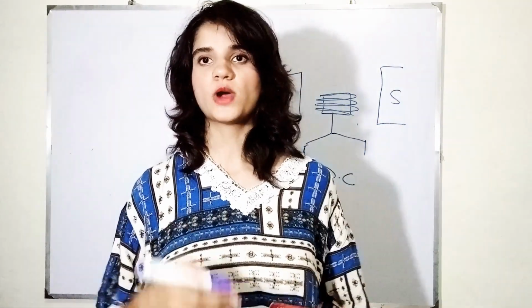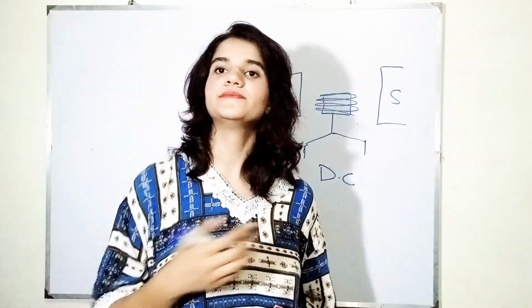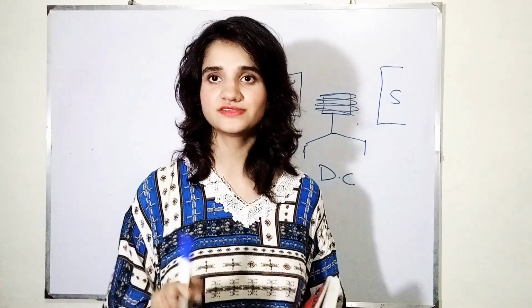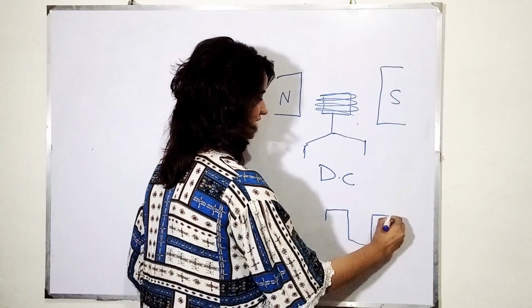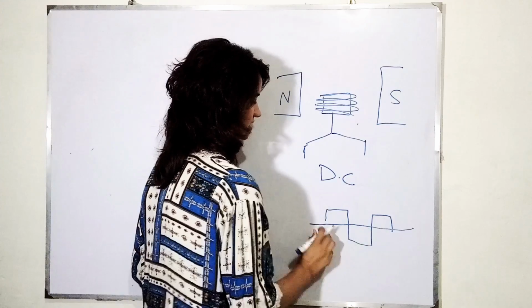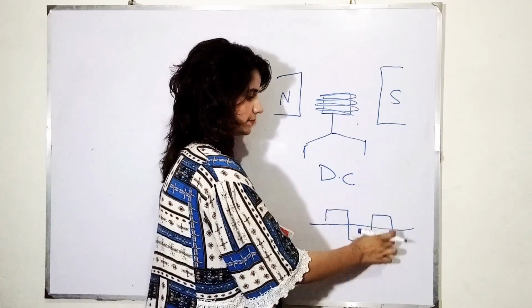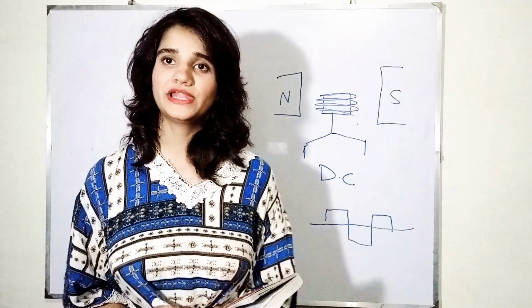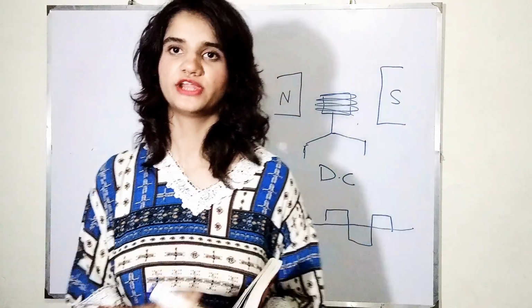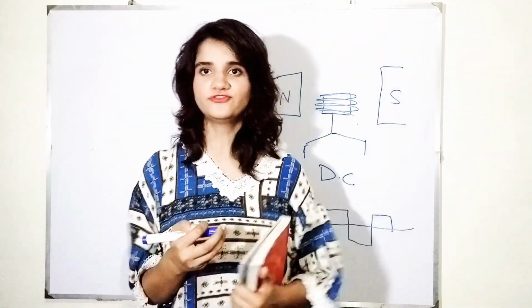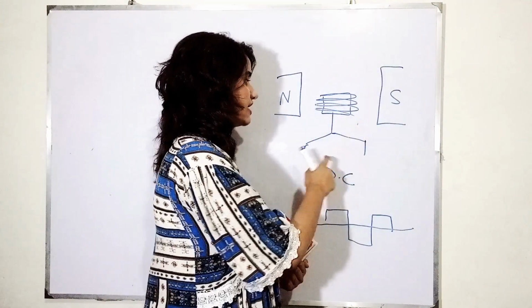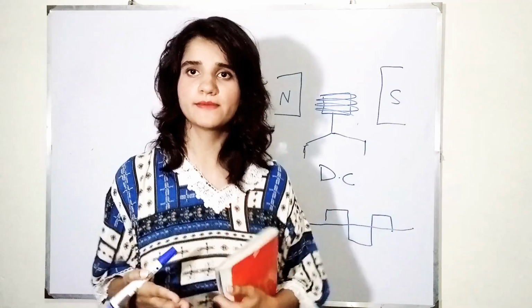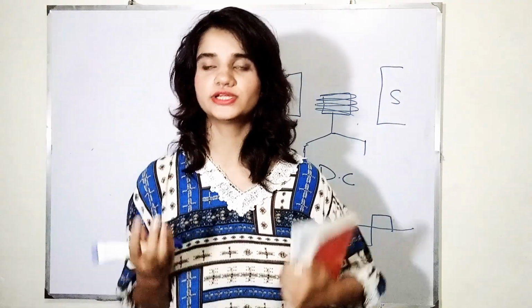The second thing, why it cannot be applied on alternating current. The answer is the alternating current reverses its polarity. Now it is a neutral line, and it is upper polarity, lower polarity, upper polarity, lower polarity. The polarity is reversing so fast in alternating current that the wire and the current cannot even detect the magnetic field itself.